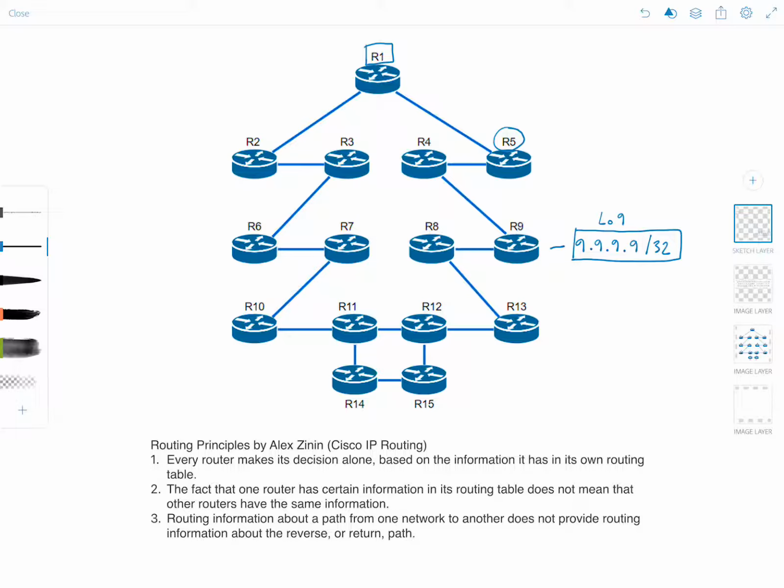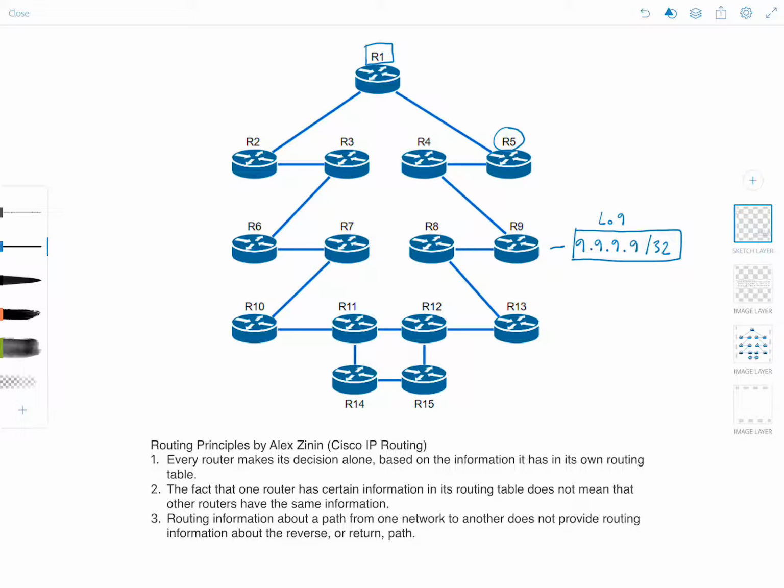All right, but then moving on to principle number 3, which states that routing information about a path from one network to another does not provide routing information about the reverse or return path. So even though all routers along the way to a destination have information about the destination network, the remote routers may have no information about how to route the packet coming back.